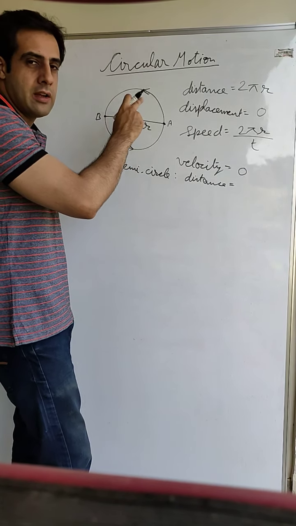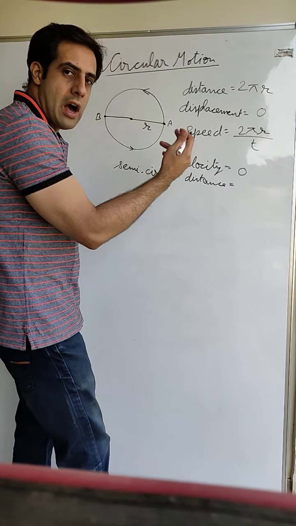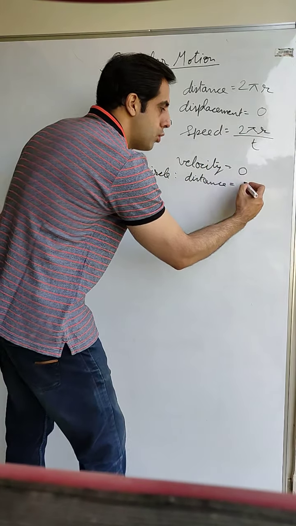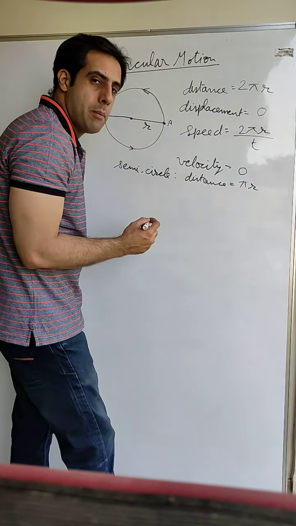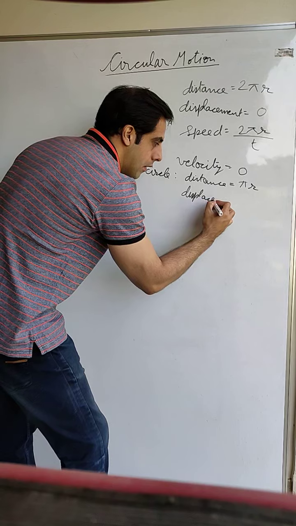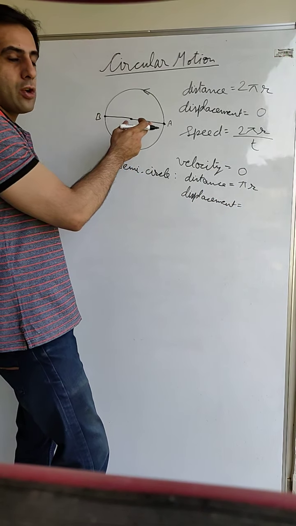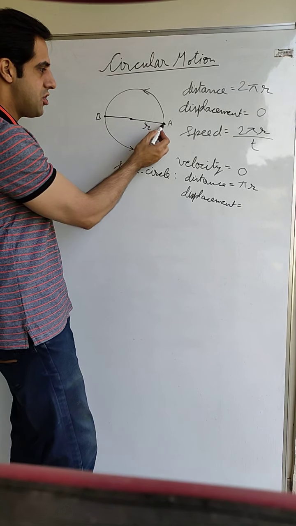If 2 pi r is the distance in one circle, then in a half circle the distance will be half of 2 pi r. So 2 pi r upon 2 is equal to pi r.